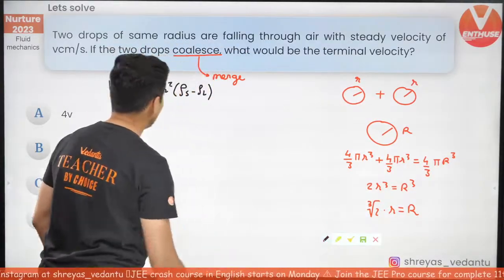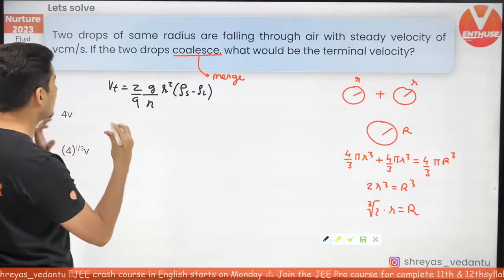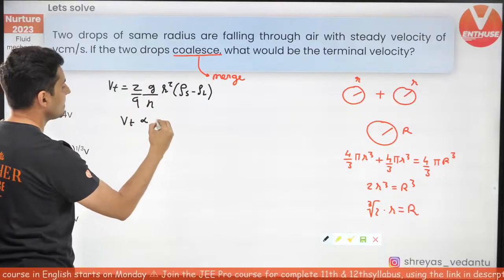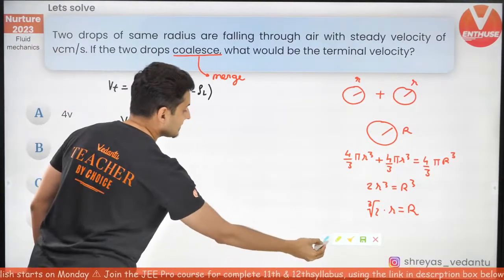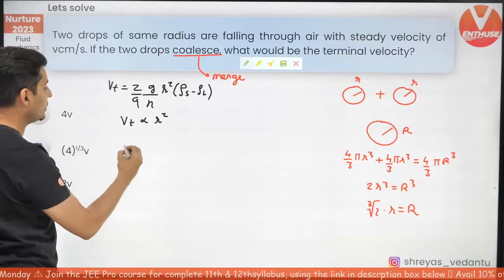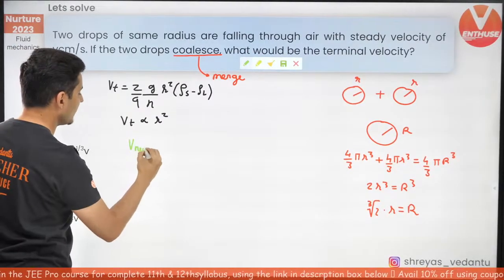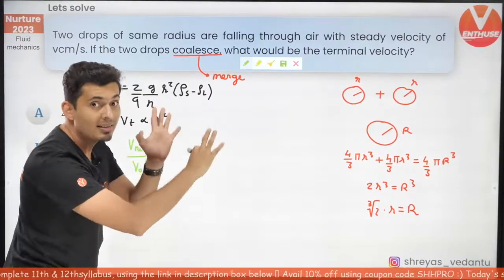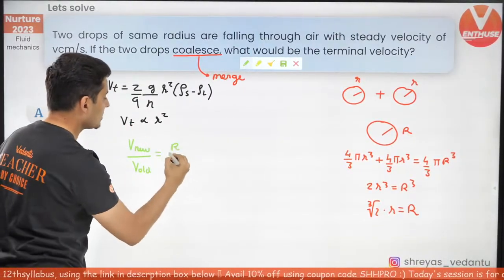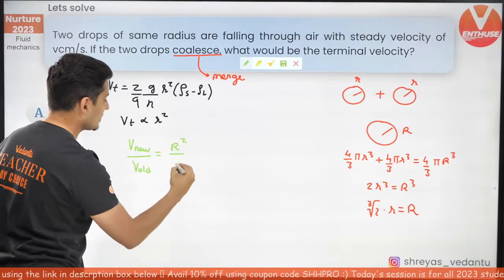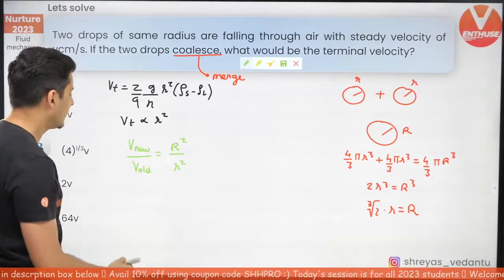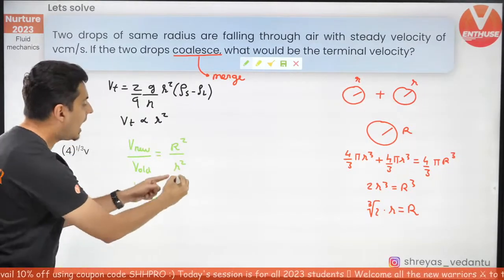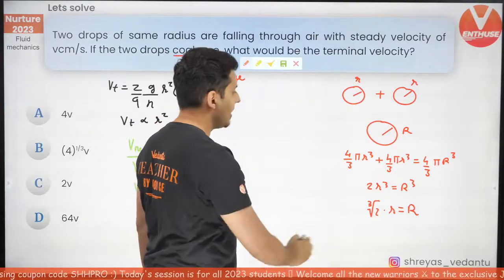Why do I need that? Look over here. We want to find the new terminal speed, and terminal speed is directly proportional to the square of the radius. That means the new terminal speed upon the old terminal speed, because it is proportional to R square, so the new will be proportional to R square and the old will be proportional to small r square. So the new speed I do not know, the old speed is v, R by r. Look from here, what is R by r?